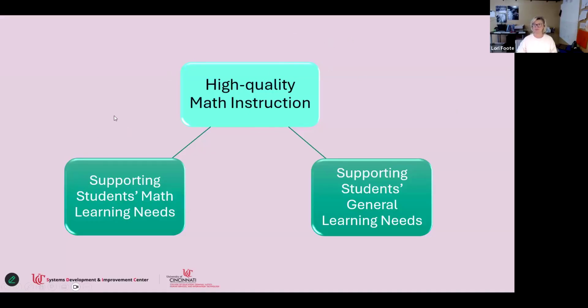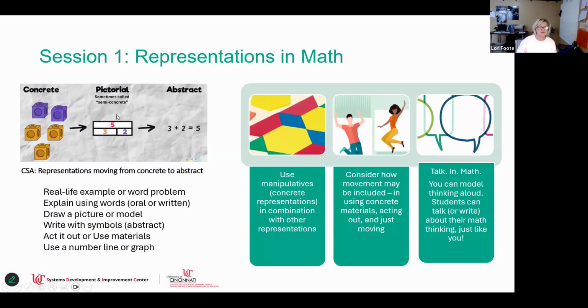Just as a quick review of sessions 1 and 2: in session 1, we were focusing on different ways that we can represent math ideas. Representations can be thought of as symbols.